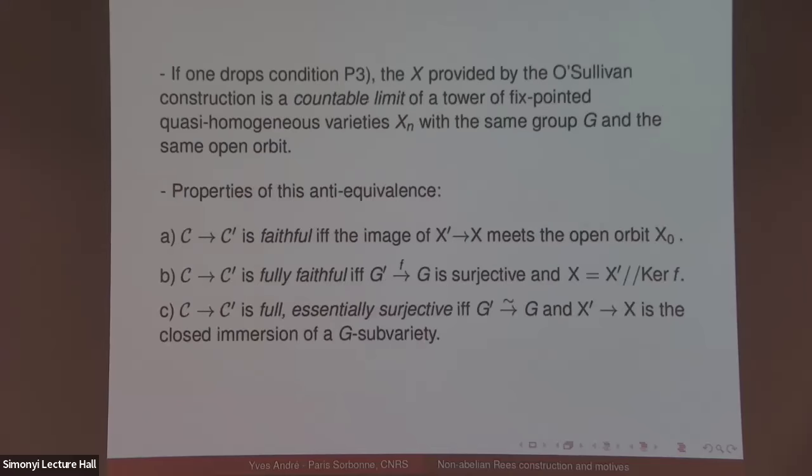Okay, now some comments. If one drops the third condition, which was a bit cumbersome, which says finite tensor generation, that all morphisms are generated in tensor space by some tensors of a low degree, then X is no longer finite dimensional, but it is always a countable projective limit of fixed point quasi-homogeneous varieties, not by Xn, but they have all the same group G and all the same orbit Xn naught.